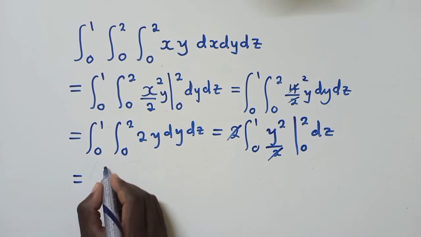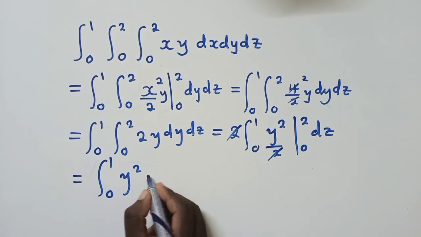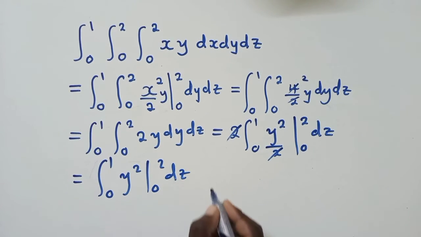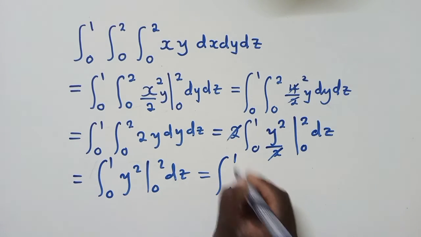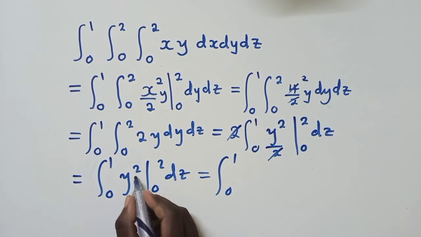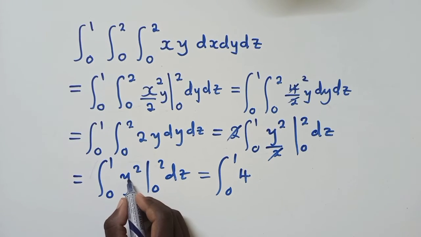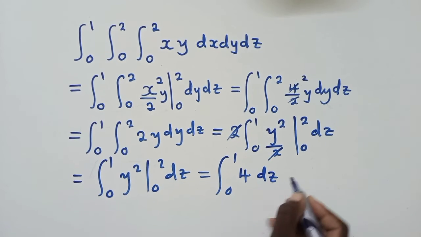We shall remain with integral from 0 to 1 of y squared, the limits there, we have these dz. So we put the limits here, we shall just have a 2 squared, which is just a 4. Okay, so if we put a 2 here, 2 power 2, it will give us a 4 and a dz.